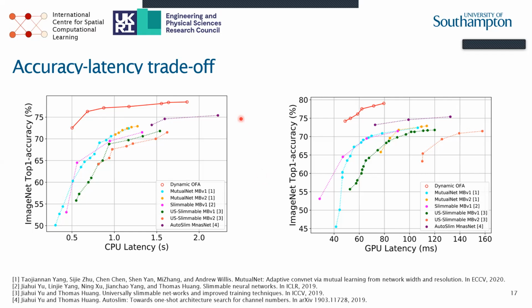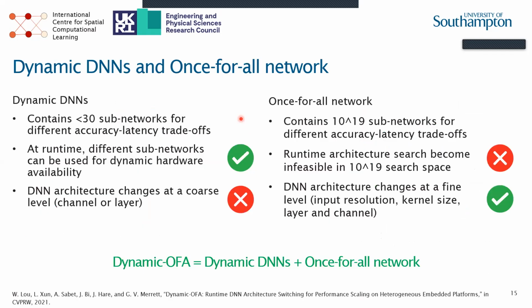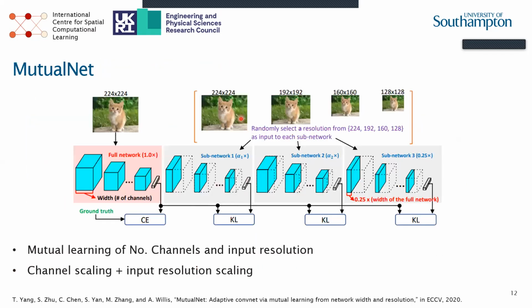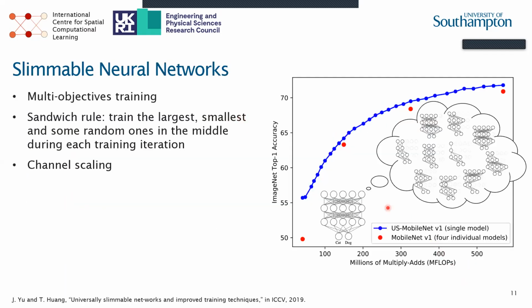But what we think is that FLOPs are not a good representation for latency here. If I can go back to this figure, you can see that this is the universal programmable neural network. It has many sub-networks, right?